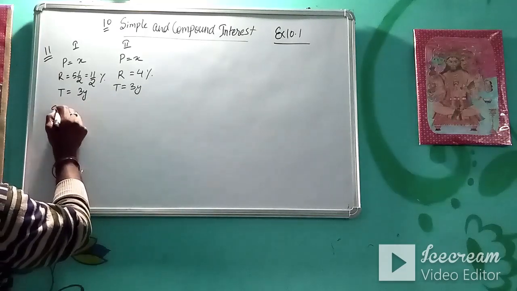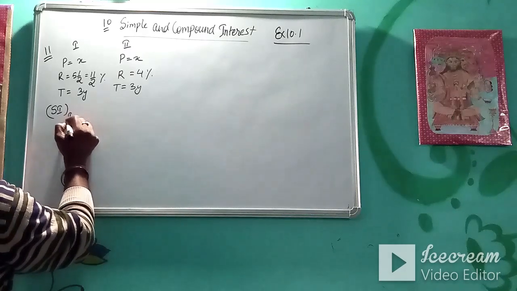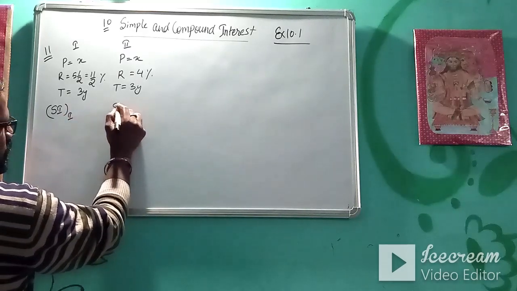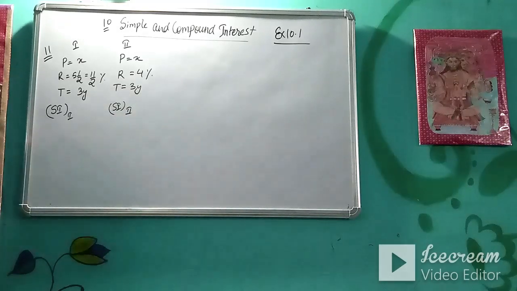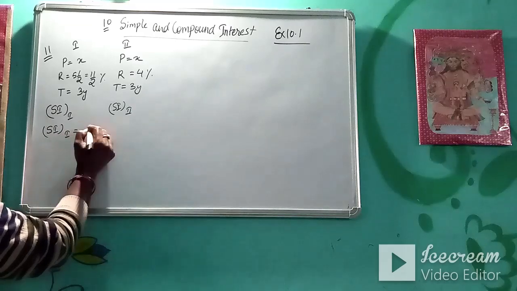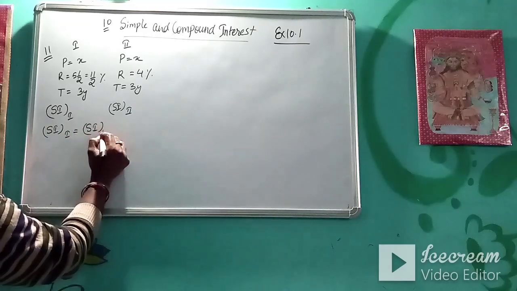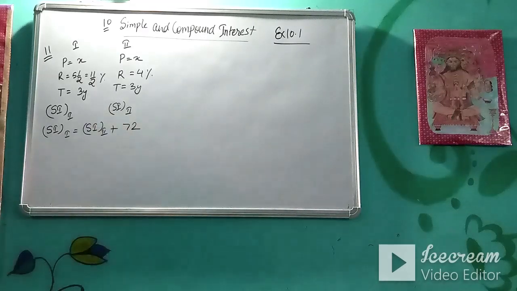Let this simple interest be 1 and let this be 2. This SI1 is actually SI2 plus 72 rupees more. So this condition is given.